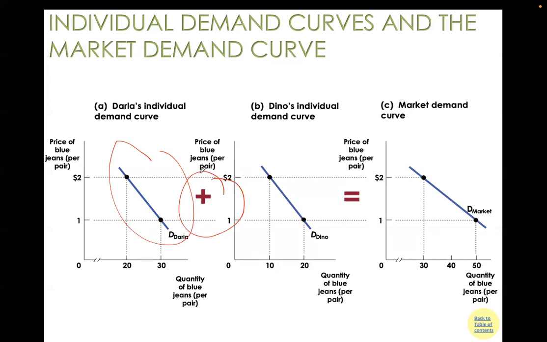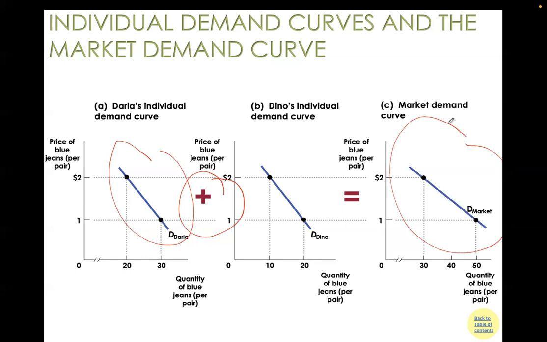Because this is a summation, all the properties we have discussed in terms of the individual are going to carry on, or apply, when we look at the aggregate. Meaning this aggregate demand, or market demand, is also subject to the law of demand.